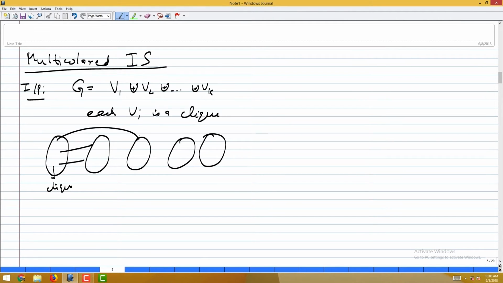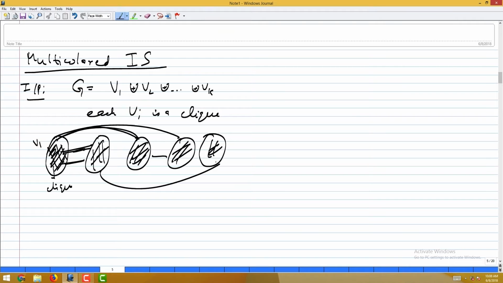So the input graph is given to you as a partition of the vertex set into k parts, where the edges inside any part form a complete graph, so there are all possible edges inside each part. But the edges across the parts could be arbitrary.